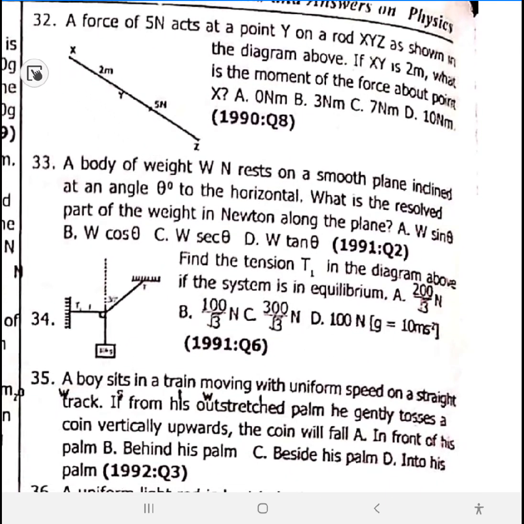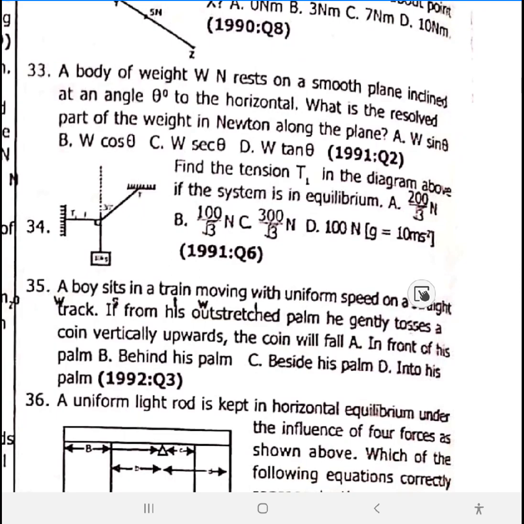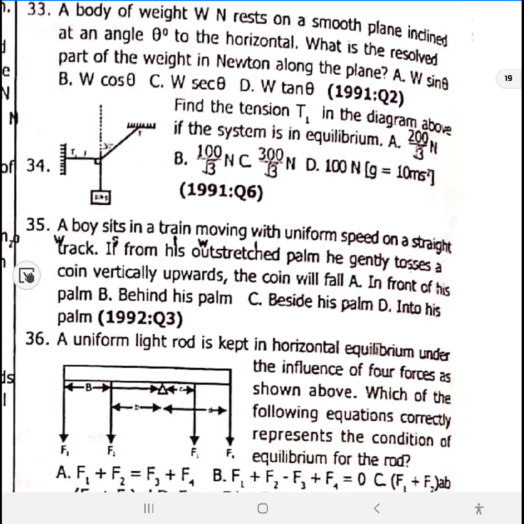32, this question actually the answer is 0, but I need to show you how to solve it. I won't just pick all the answers, so that's why we're tackling theory separately. A boy sits in a train moving with uniform speed on a straight track.